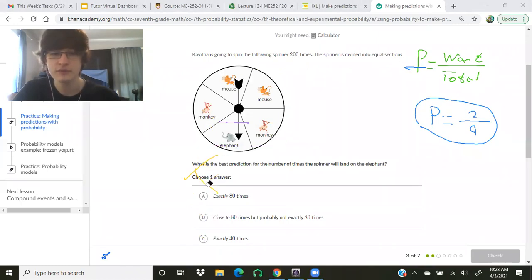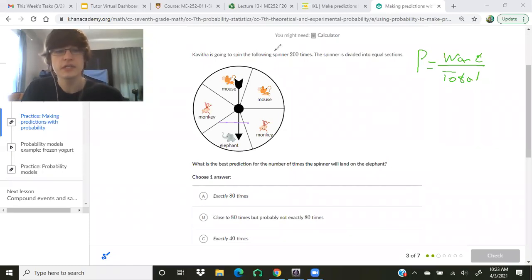Okay, let's do one more. The spinner is going to be spun 200 times. It's divided into equal sections. So we have 2 mouse, 2 monkey, and 1 elephant. Okay?